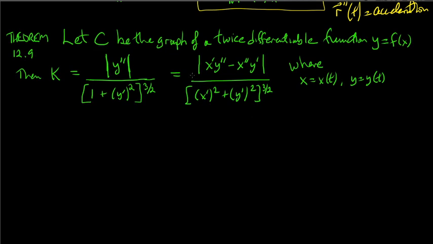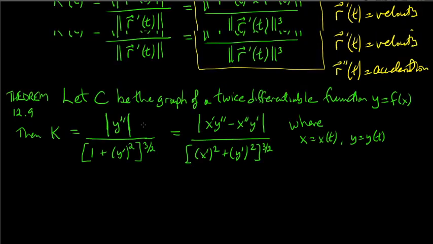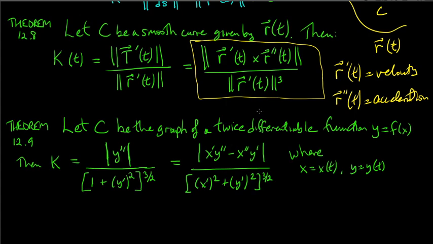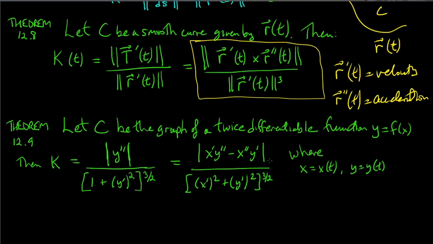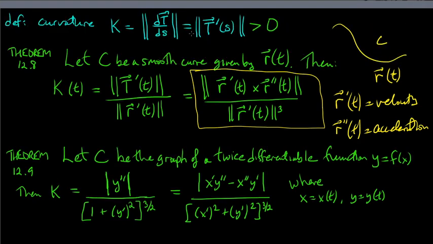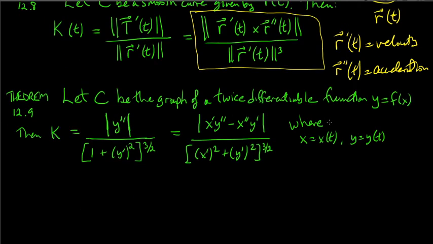It's the absolute value of x prime y double prime minus x double prime y prime, all over x prime squared plus y prime squared, to the power 3/2. So four very good formulas for calculating curvature without using the definition, which is probably the worst way to do it. Each of these ways would be easier than this way here.